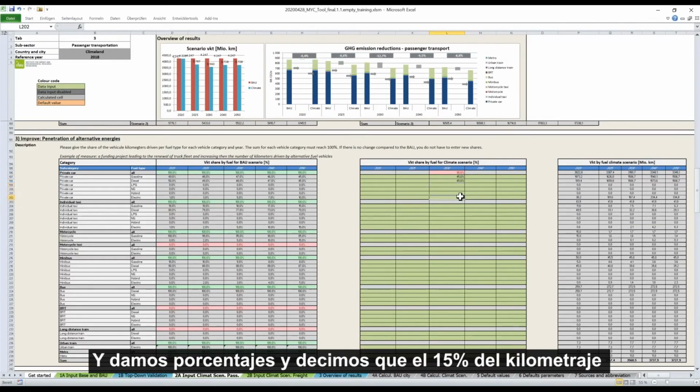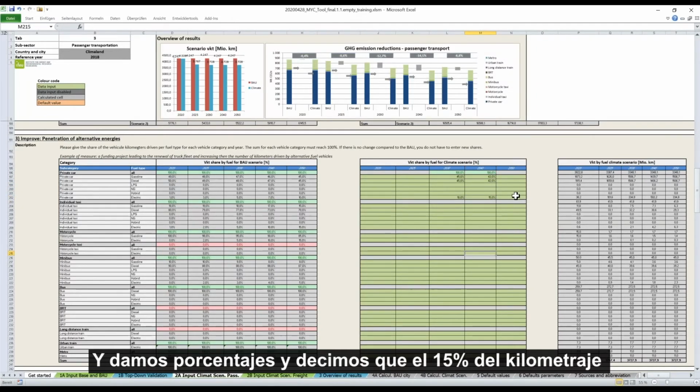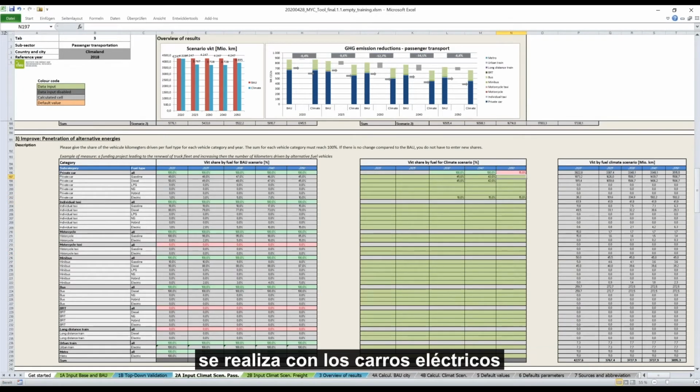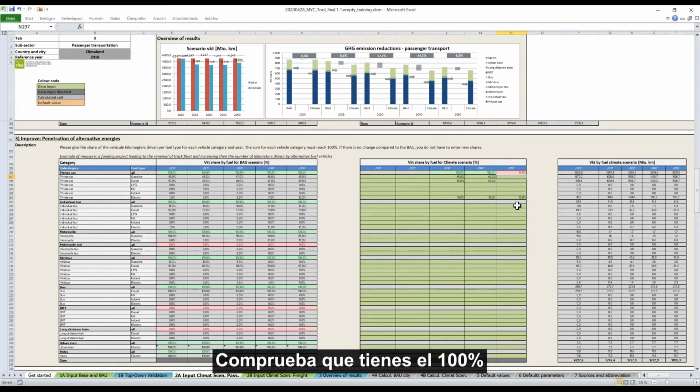And we give new percentages, and we say that we have at least 15% of the mileage done by e-cars. Be aware it's not a question of fleet, it's a question of kilometer.